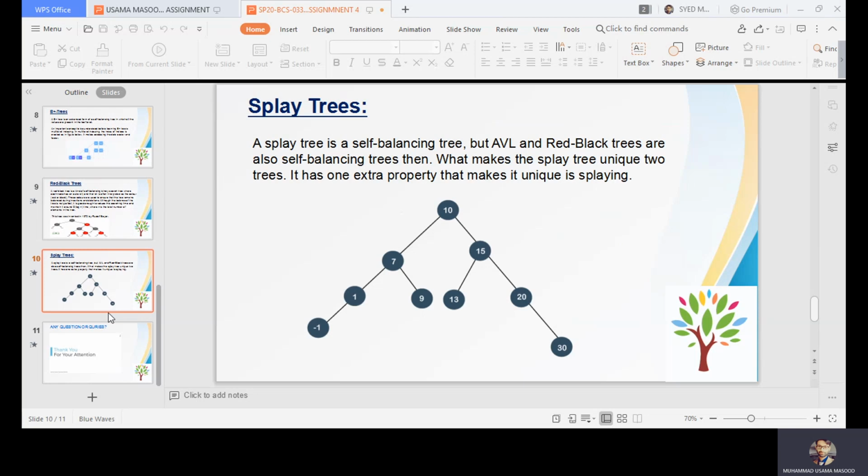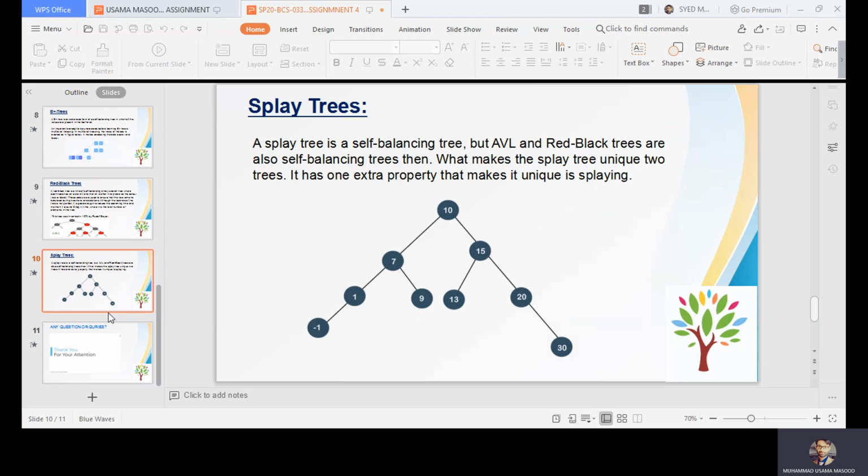Here the main unique feature is that it has one extra property, and that is the splaying property. The figure of the Splay tree is mentioned here, and how it works is mentioned here.